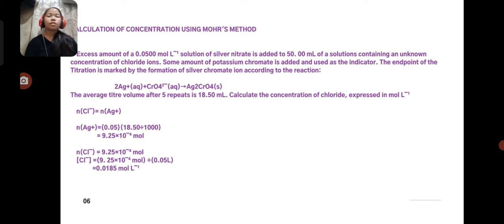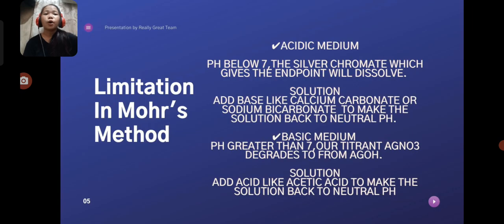As you notice, kana siya 50 mL, and we need to convert it into liters since mole per liter man ang kinahanglan. So which is 0.05 liter. So that would result to 0.0185 mole per liter. So I hope nakasabot ra mo ato, and if you don't, then please do research, or please don't hesitate to ask me.